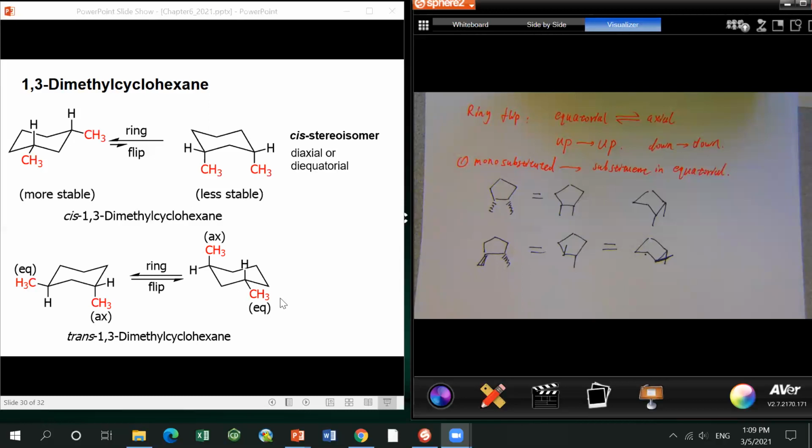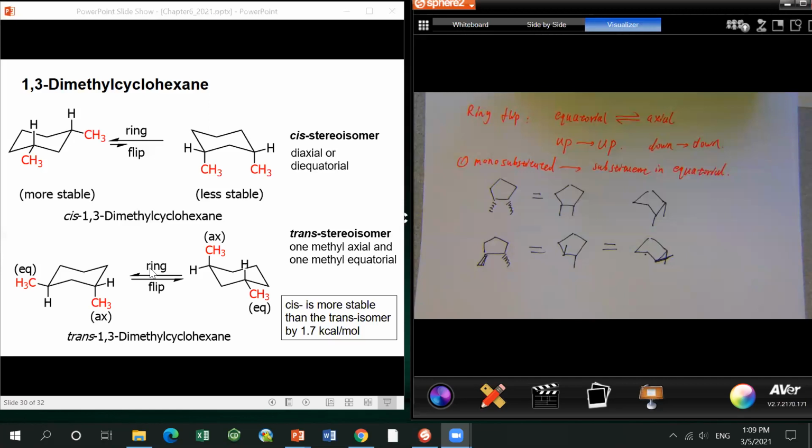In this case, these two ring flip structures have the same energy, because there is always one equatorial and one axial. So it depends on the situation, and when you compare the energy of cis and trans, they may differ.